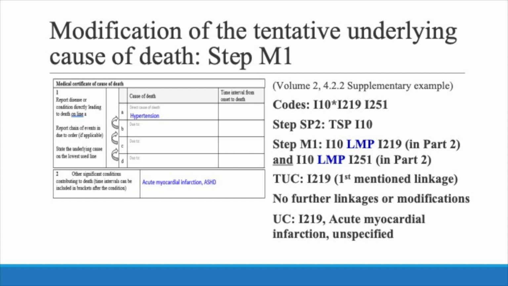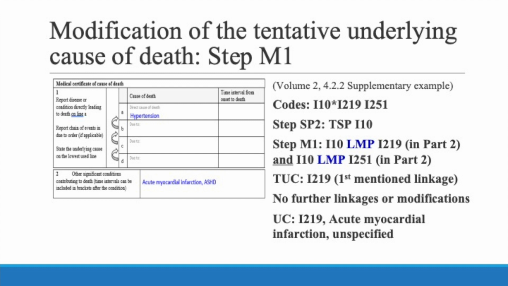On this death certificate, in part 1, on line A, hypertension. In part 2, acute myocardial infarction and ASHD. The codes to apply to this record would be in part 1, I10, in part 2, I219, and I251.